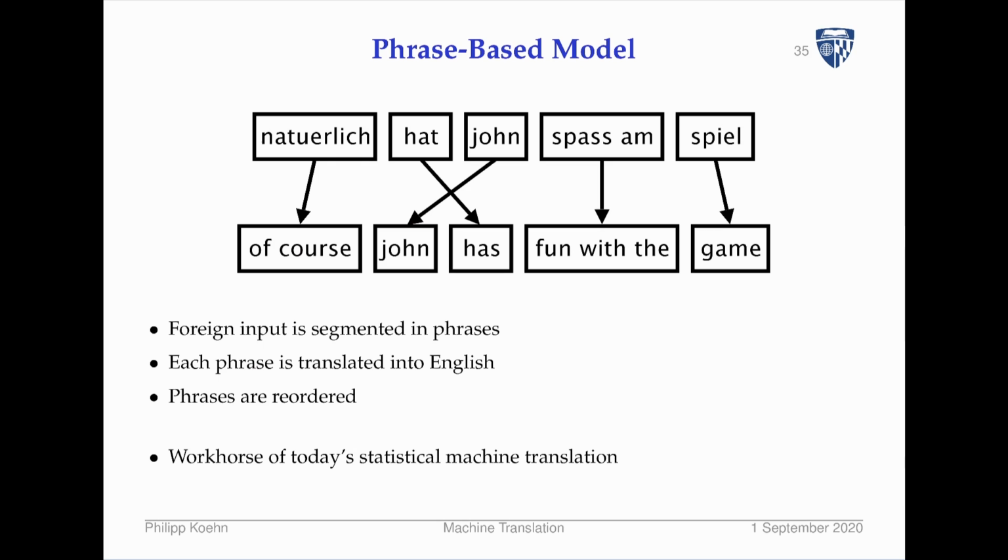With that in mind, for a long time, the dominant model in machine translation was the so-called phrase-based model that says translation doesn't always involve the translation of single words. Maybe translating multiple words at the same time is useful. So a word like natürlich actually has a two-word translation, of course.